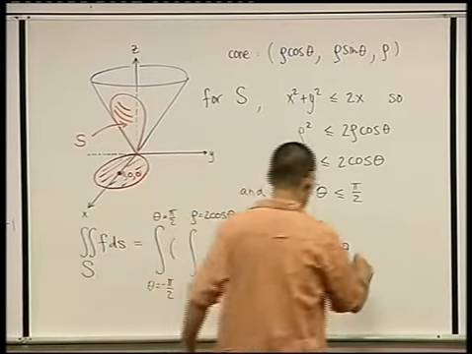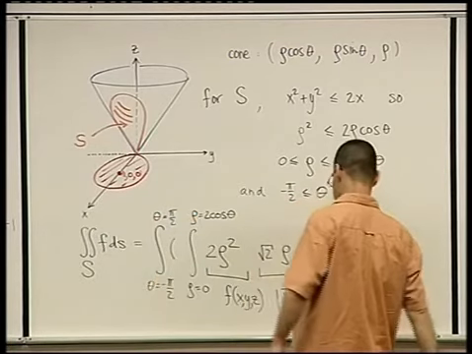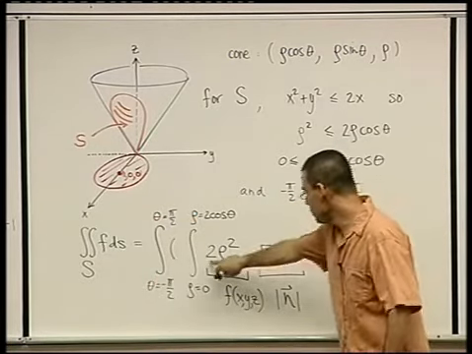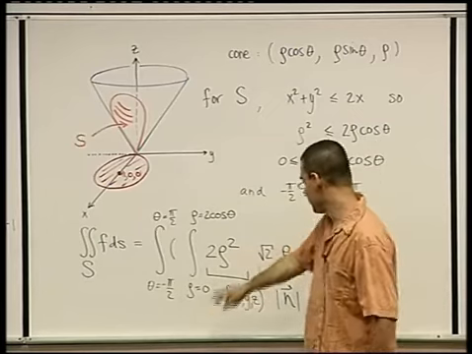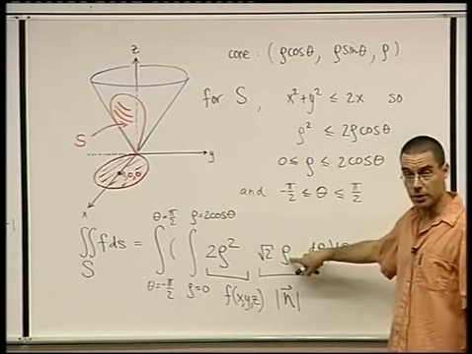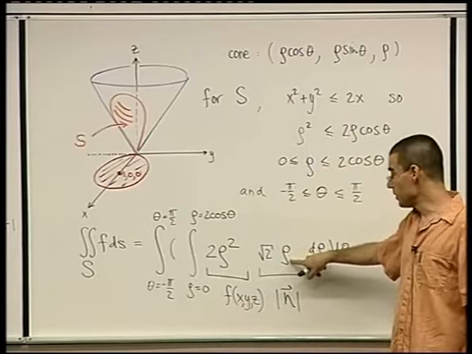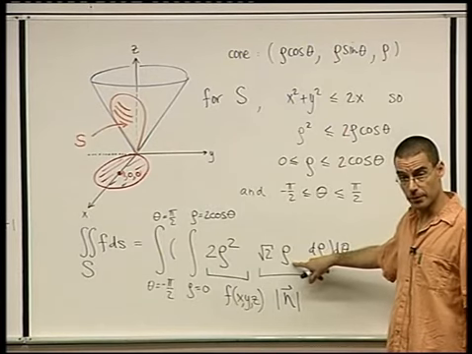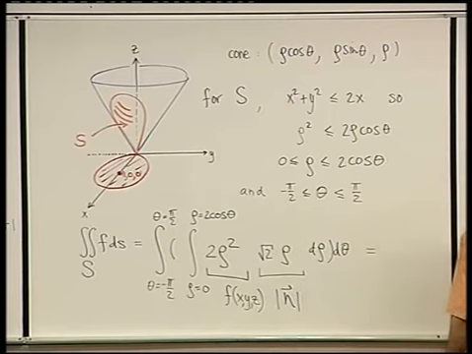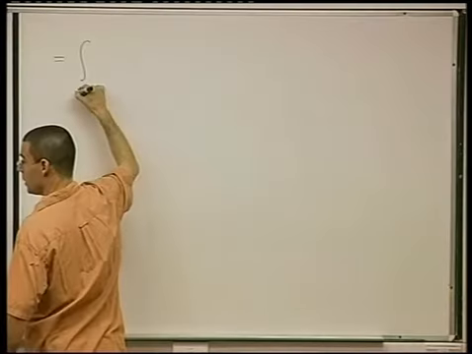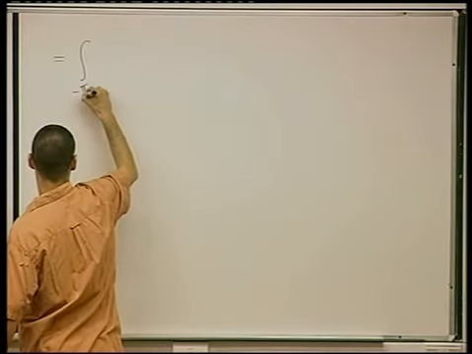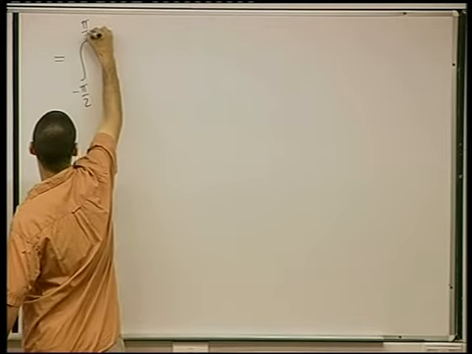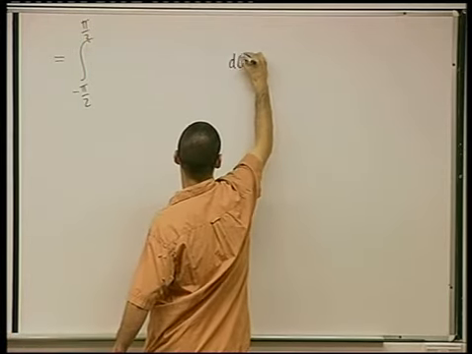Okay, let's calculate it. So I have a 2 root 2 that I can throw out, and then I have a rho cubed here. Antiderivative is rho to the power 4 divided by 4, right? So let's write that. So this equals the integral from minus pi over 2 to pi over 2 d theta.